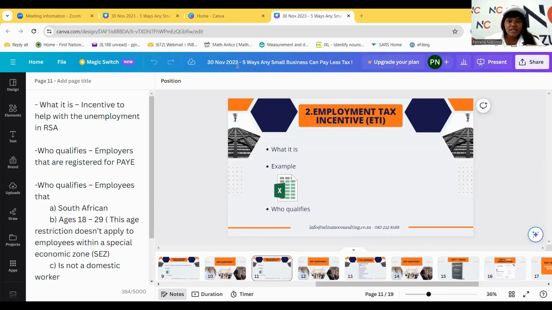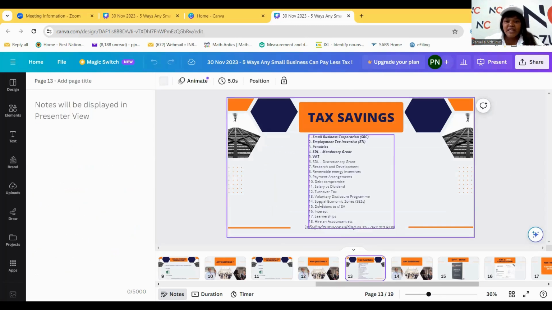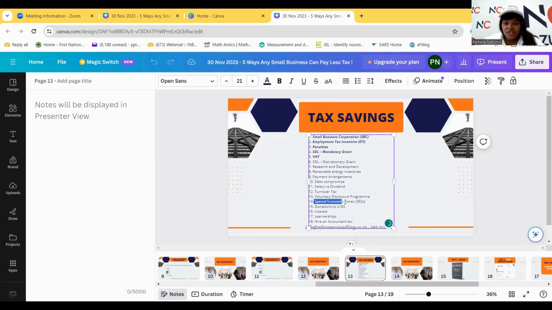Is Limpopo one of them? There are places called special economic zones in South Africa.